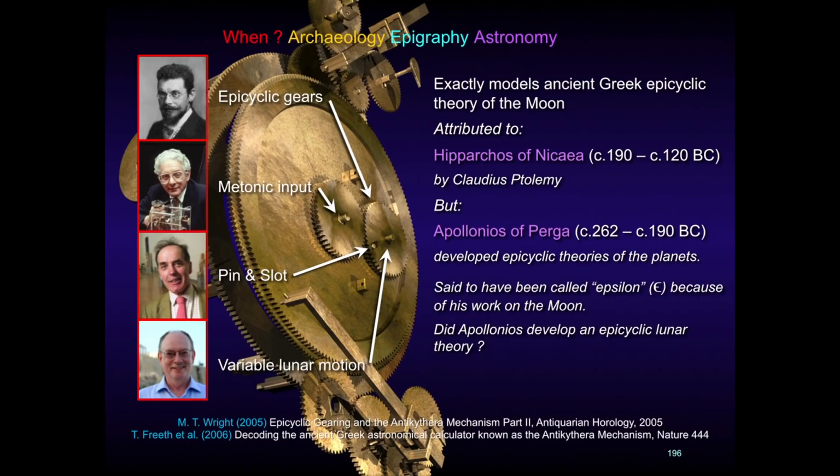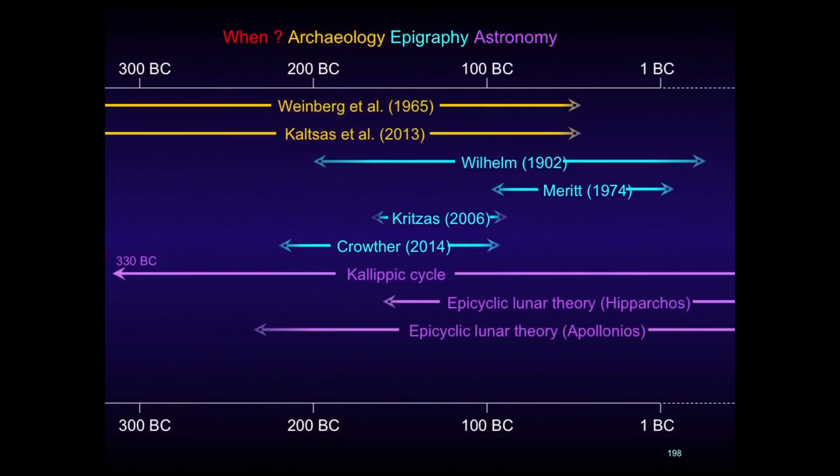But Apollonius of Perga, it's known, developed epicyclic theories of the planets, and he was said to have been called Epsilon because the shape of an epsilon is like a crescent moon, because of his work on the moon. So it seems very plausible, even likely, that Apollonius might have developed an epicyclic theory of the moon. So let me add that to our information. Depends who you believe invented this epicyclic lunar theory.